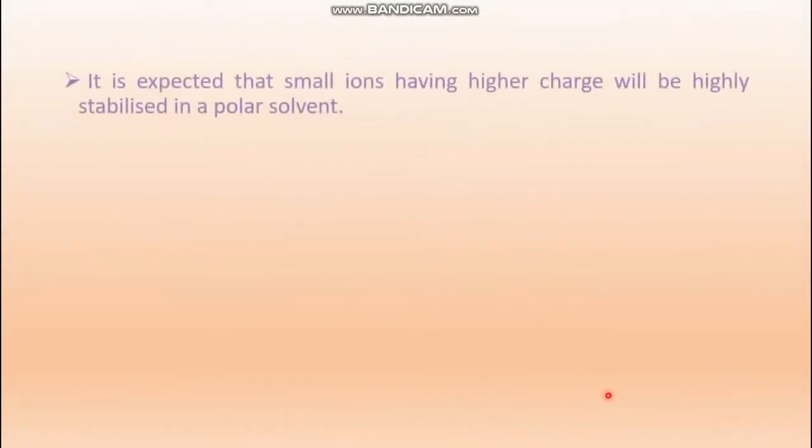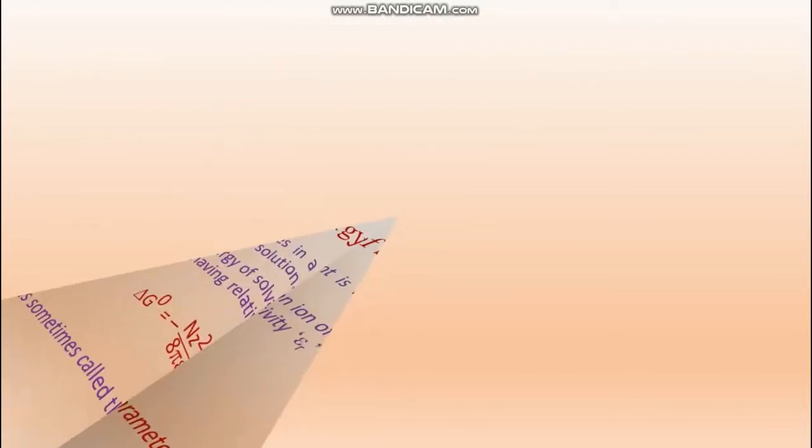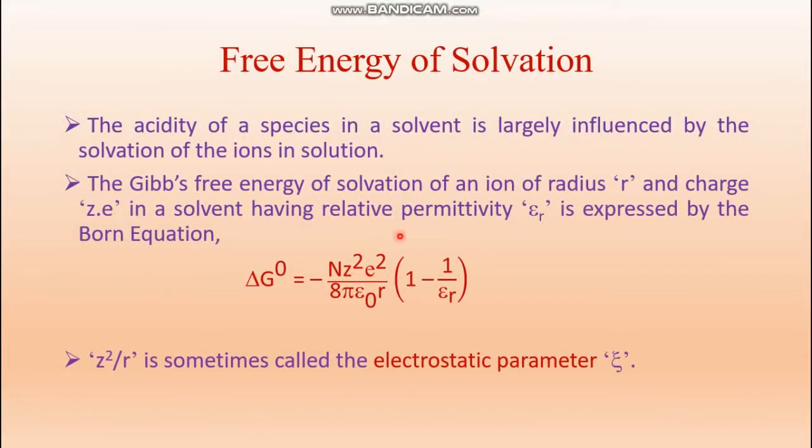In this context, it is expected that small ions having higher charge will be highly stabilized in a polar solvent. Look at the Born equation: if the relative permittivity of the medium increases, its reciprocal decreases, so 1 minus its reciprocal increases, and as a result the negative value increases. So the higher the epsilon r value, the more negative the delta G0 value, isn't it?